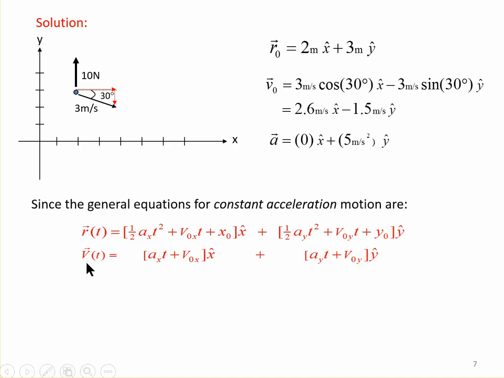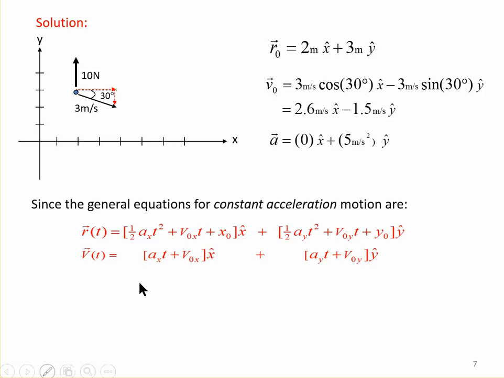Likewise, if we focus on the velocity vector, it's this in the x direction and this in the y direction. So we've drawn a picture with a coordinate system explicitly drawn out. We've visualized the motion. We've broken up all the vectors that we know of into their x and y components. We've written down the general equations of motion for a constant force problem.